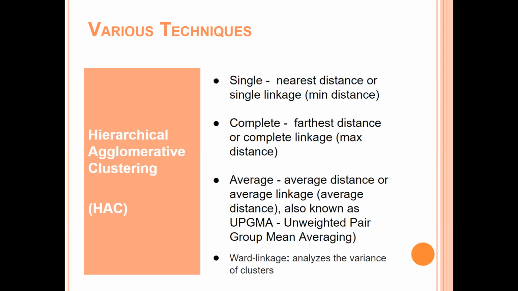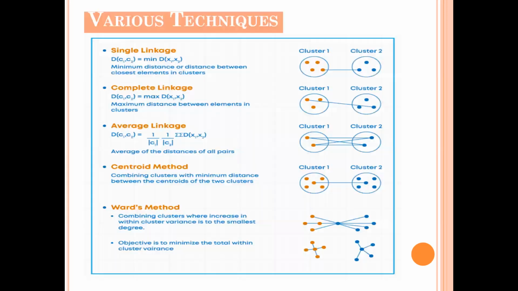The fourth one is Ward linkage. This linkage actually analyzes the variances of the clusters. We will see it in more depth in the next videos, but let's move on for now. You can see that in the single linkage, it is the minimum distance, or distance between the closest elements in the clusters.